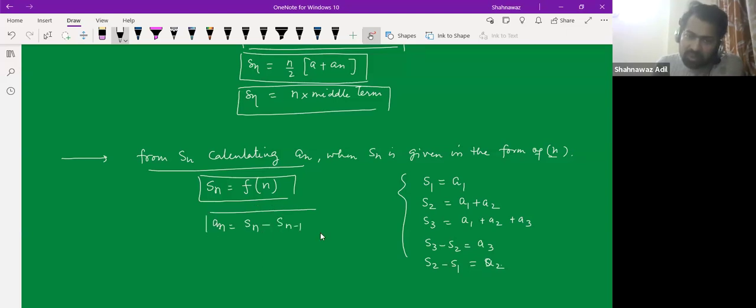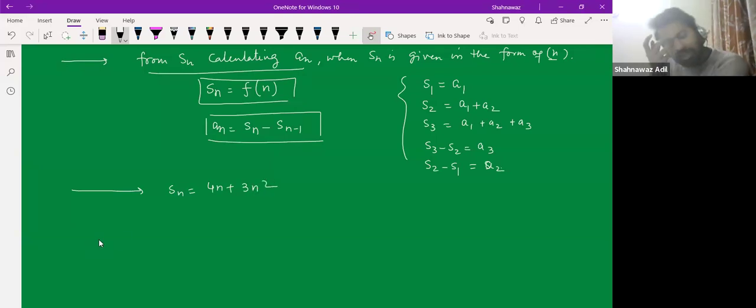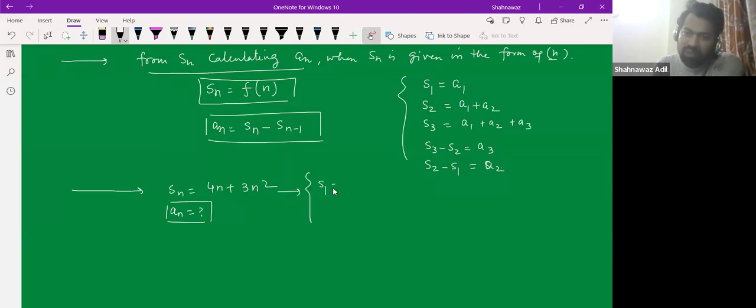This is also an important formula. It is very useful if you are given Sn as 4n plus 3n square, and somebody asks you what would be An. One idea is that you calculate S1, which would be 4 into 1 plus 3 into 1 square.